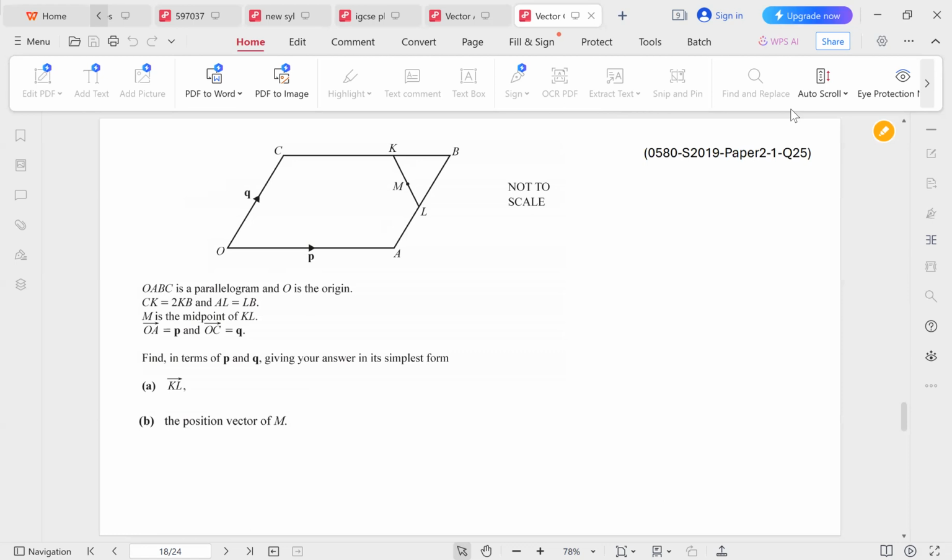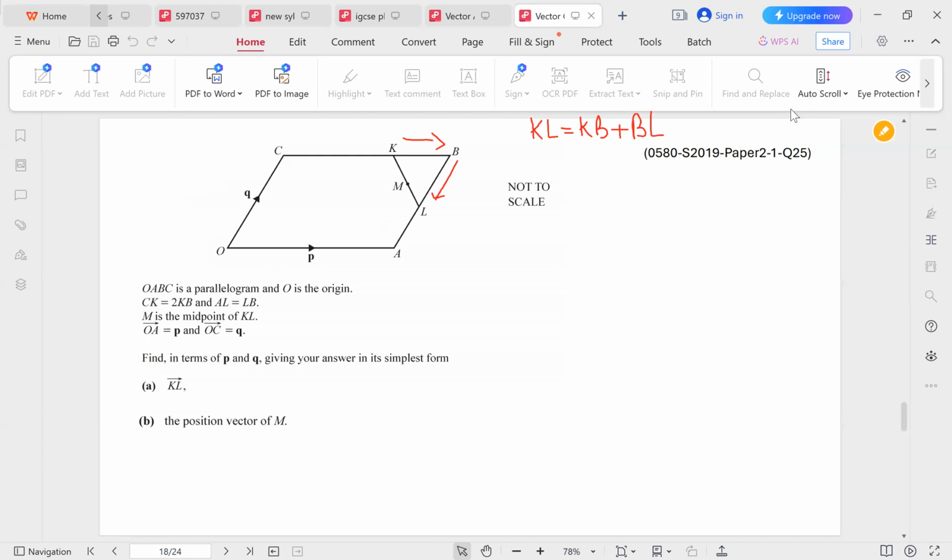So for the first question, we are required to find KL. So we can write that, for example, as KB plus BL. And we can try to figure out the value of KB and the value of BL. So to get KB, we're going to use the ratio for the segment where KB is.